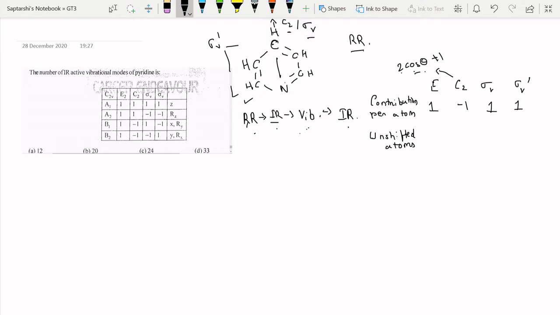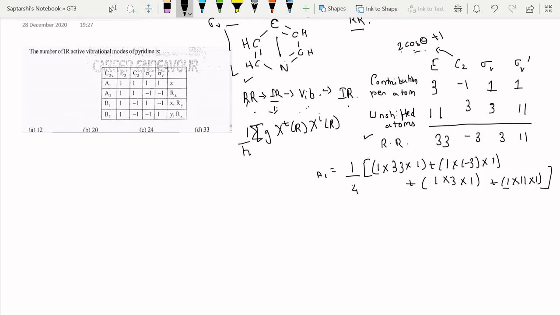So we'll just write 3 over here. For E and sigma V prime, we have 11 unshifted atoms. So we'll just write 11 over here, and we will find out this multiplication, which is 11, minus 3, 3 and 11. So this is our reducible representation.